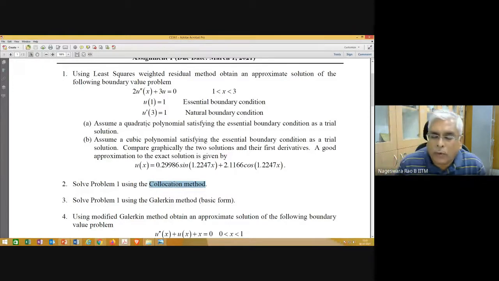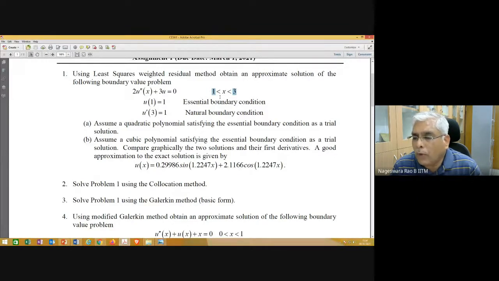How many you select depends on how many coefficients need to be determined in the admissible solution that you get after applying the essential boundary conditions. So many collocation points you are going to select, and a collocation point can be any point between 1 and 3, including 1 and 3.